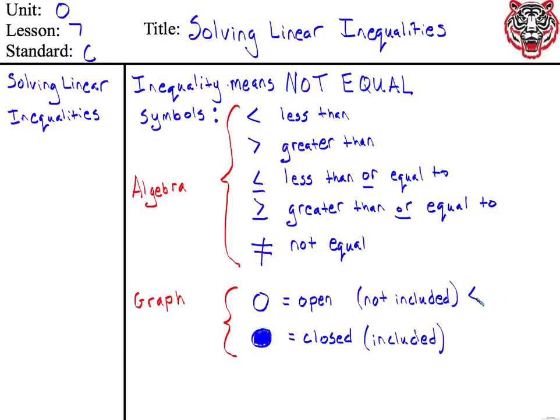Less than or equal to is included. What about greater than? Not included. Where does greater than or equal to go? Included. And our last one, not equal: does that go in open or closed? You're guessing closed? You would be incorrect, because not equal to means it's not included. So not included is this category.